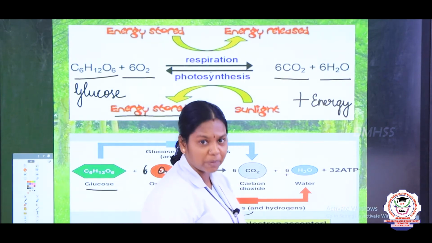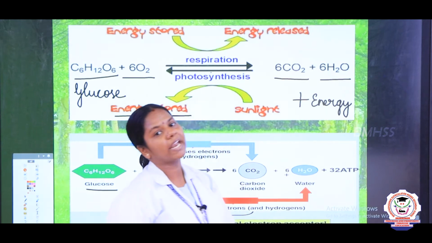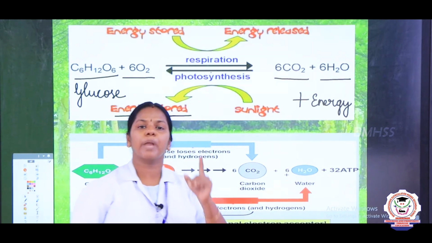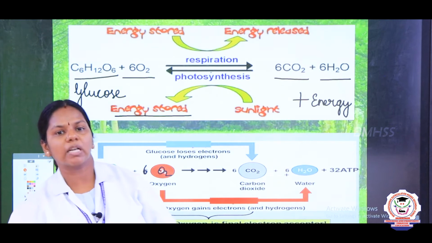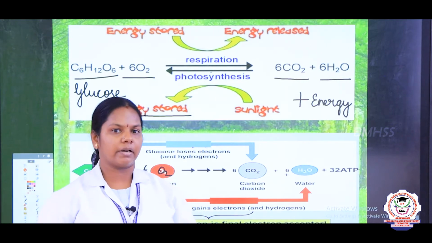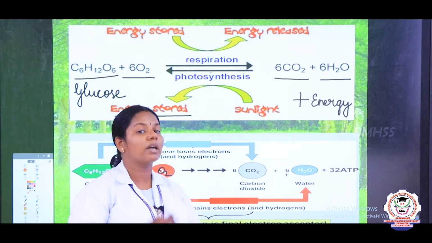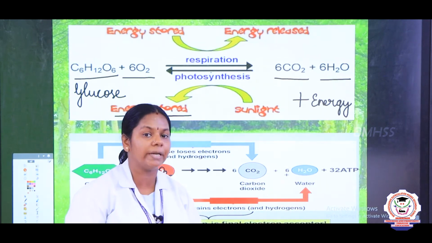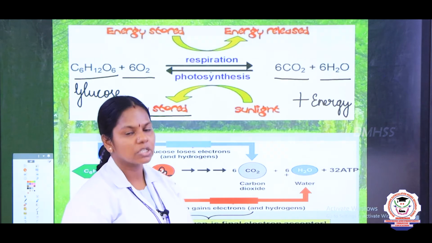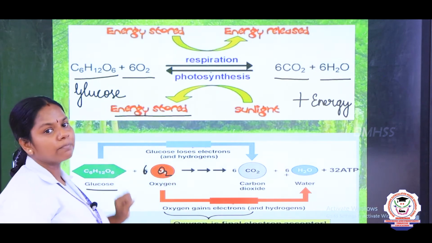And how much ATP is produced? 32 ATP is produced. So to break one glucose, 6 molecules of oxygen are required, and the energy is released in the form of ATP. And how many molecules of ATP are produced, children? 32 molecules. So this is the equation for respiration.